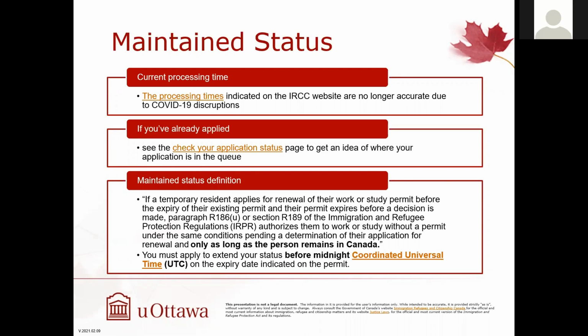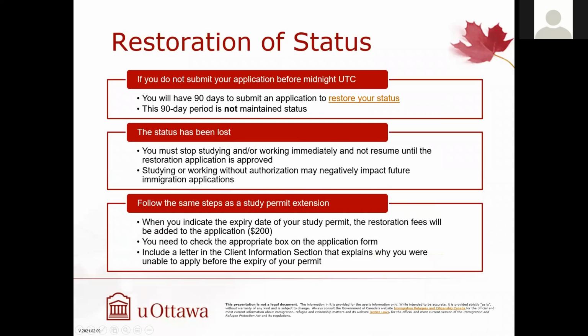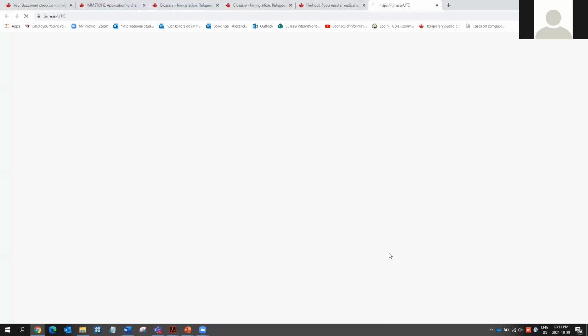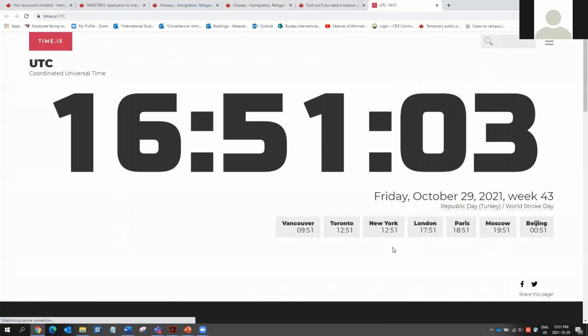That's really important. So you can see here under maintain status, you need to apply to extend your status before midnight coordinated universal time. And I know what you're thinking, what is coordinated universal time? I had to look that up myself. It's the time that IRCC uses that I've decided is the most fair for all time zones.